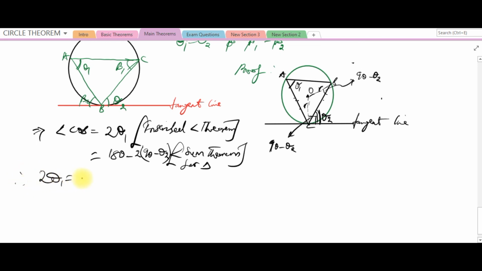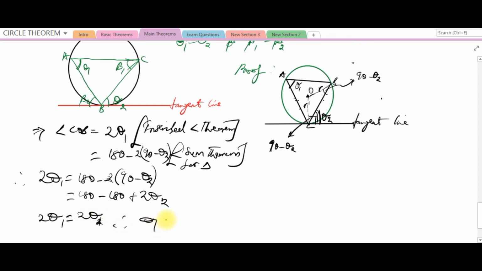Therefore 2 theta 1 must be equal to 180 minus 2 times 90 minus theta 2. Opening the bracket, this is 180 minus 180 plus 2 theta 2. 180 minus 180 is 0, so 2 theta 1 equals 2 theta 2.